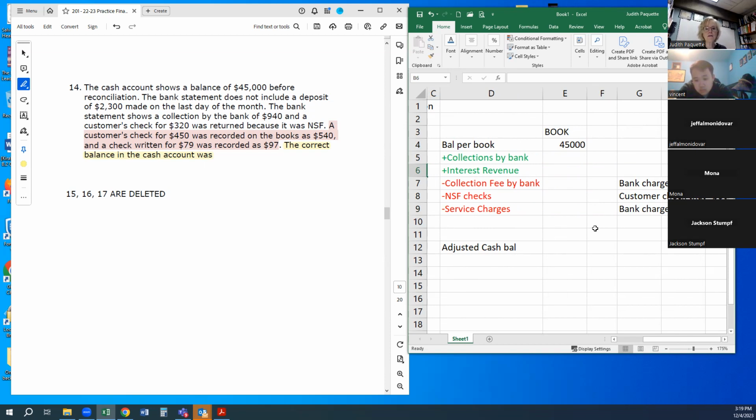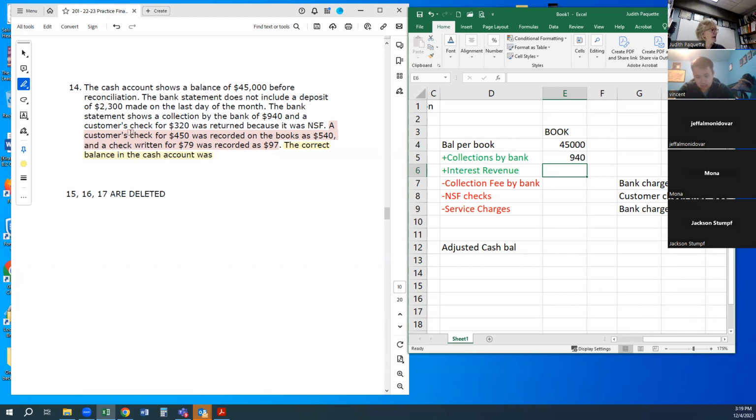Ben, yes. Vincent, no, it's not a fee. It says the bank statement shows a collection. Mona, yes. So it's a collection by the bank and the company saying, oh, good, the customer or whoever paid the bill, and now we have 940 more in our cash account.